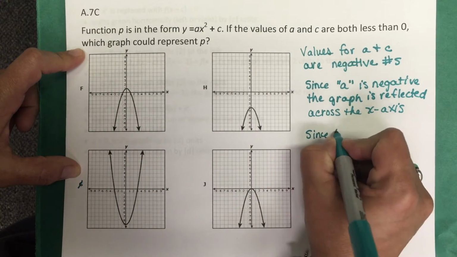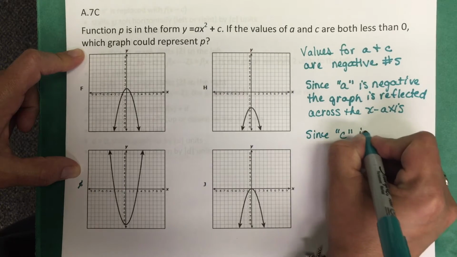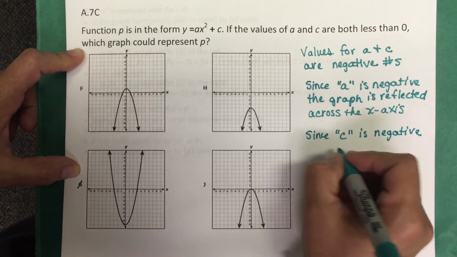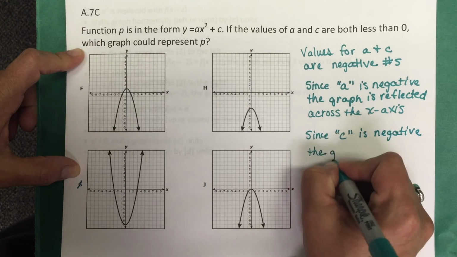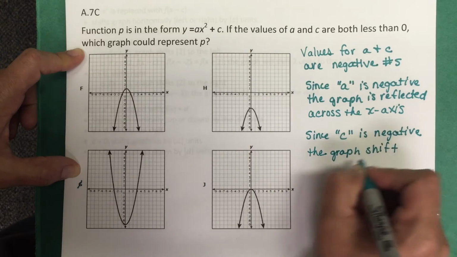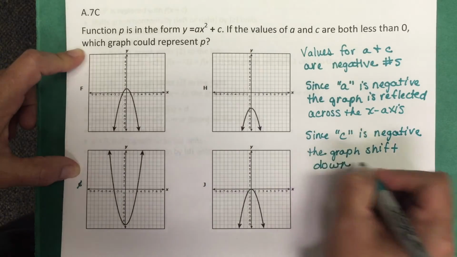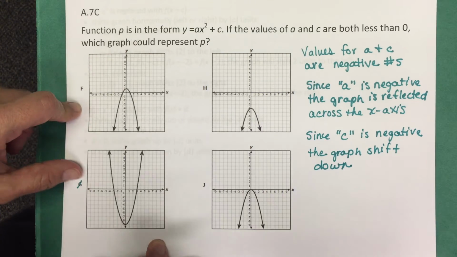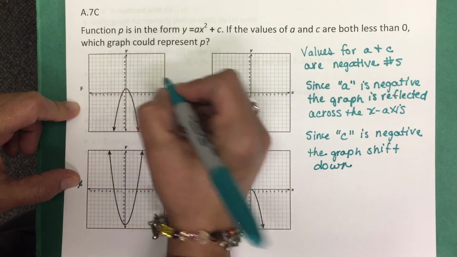Since c is a negative number, or has a negative value, the graph will shift down. So if we look at answer choice F, this graph actually shifted up.